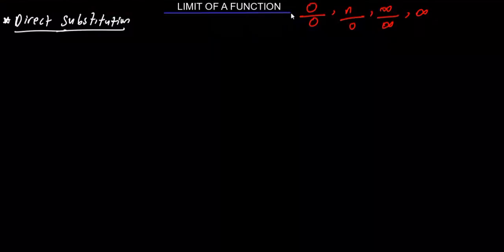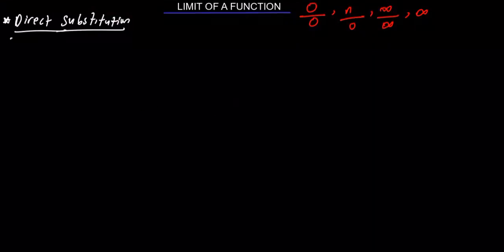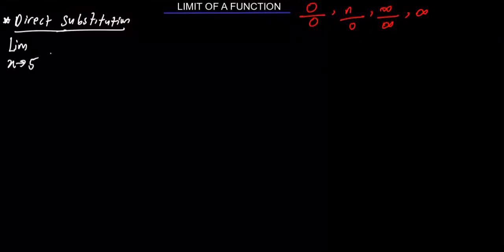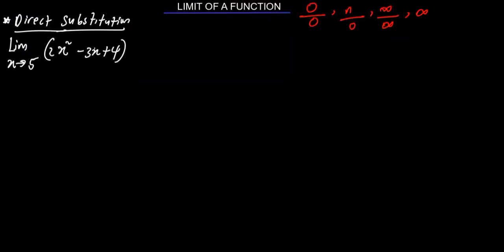So another problem by direct substitution is this. If I have the limit as x tends to 5 of 2x squared minus 3x plus 4. What you're just going to do is substitute.